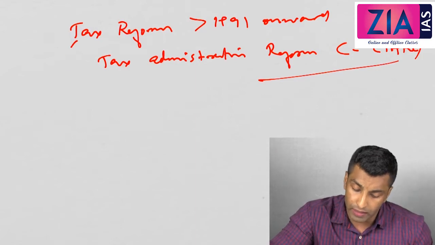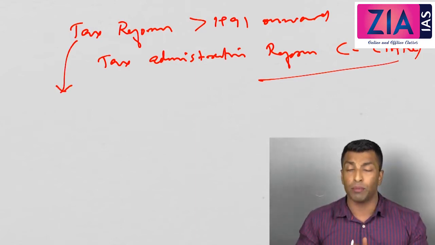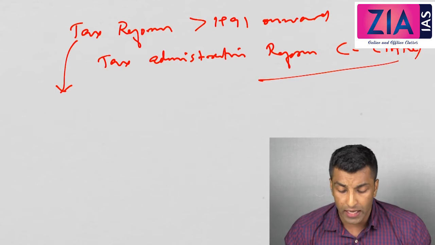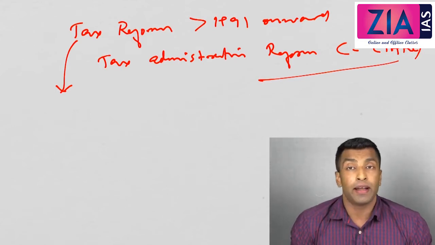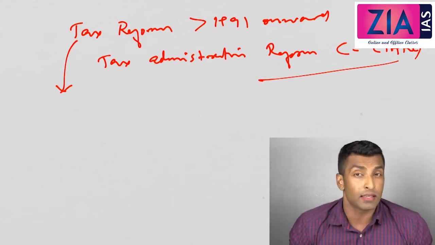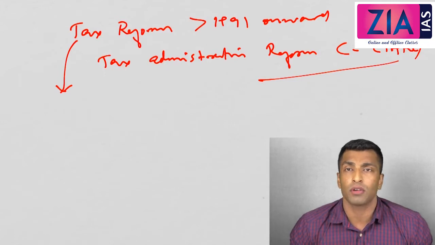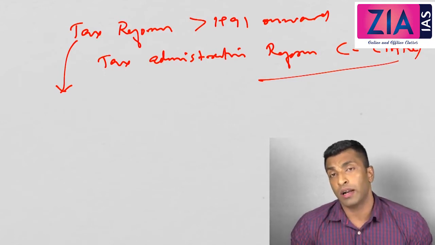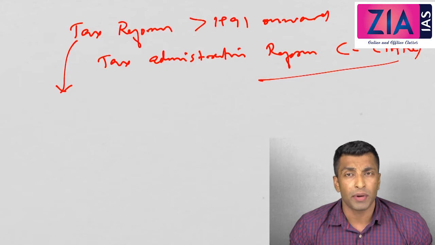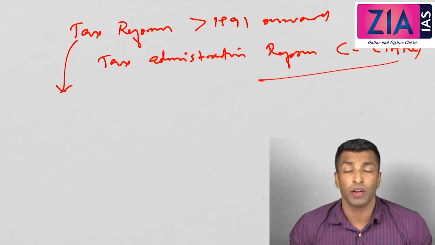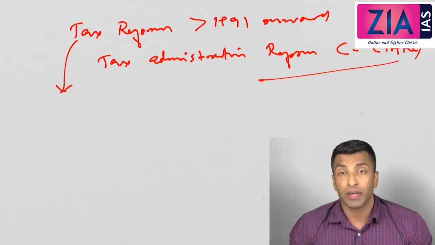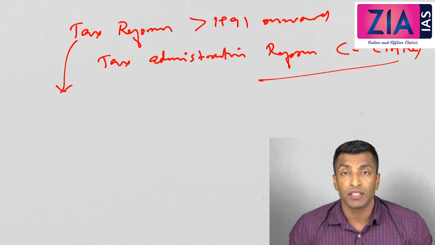So here in tax reforms, basically I'll be talking about 2 committees. First, in 1991, when we discussed the banking system, we discussed the Narasimham Committee, right? And I've told you most of the recommendations were implemented. Parallelly, related to taxation, there was a committee, the Chelaya Committee.